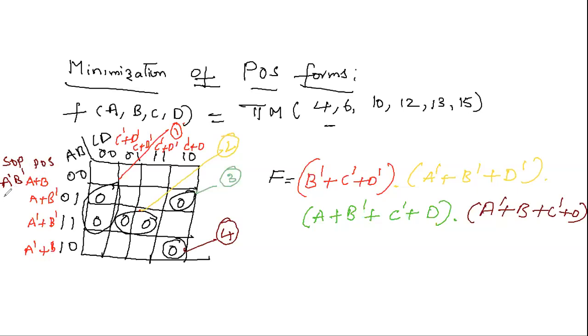Again, for SOP it is A complement into B. That is the difference. After that you have to see the common variables and write down the simplification based on these values. That is how you find the simplification using K-maps. Is it clear?